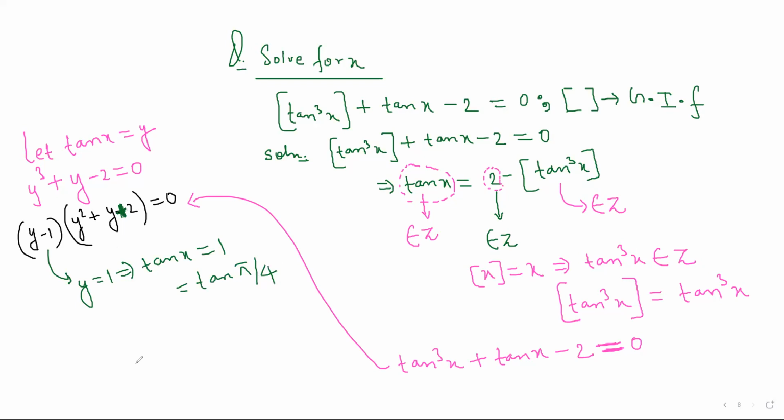So x is equal to n pi plus pi by 4, where n belongs to integer. This is your answer. So by this method, you can tackle the problem and solve very easily.